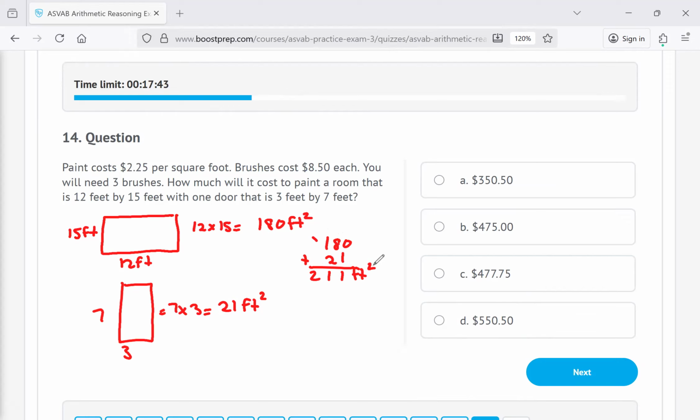And then all we've got to do is multiply by the square feet. So, did I do this right? I'm double checking my work.